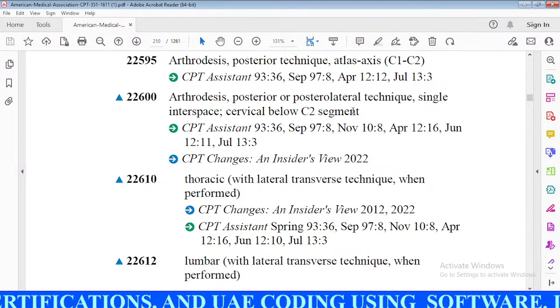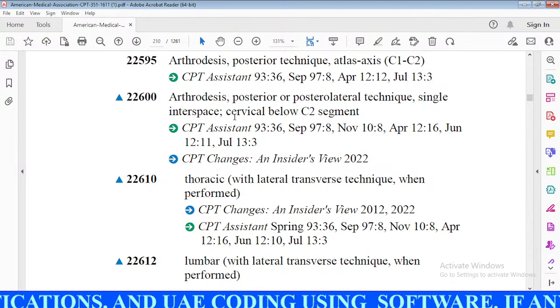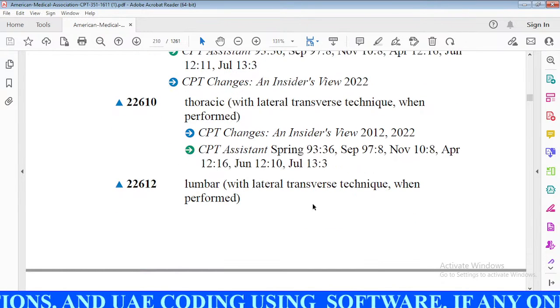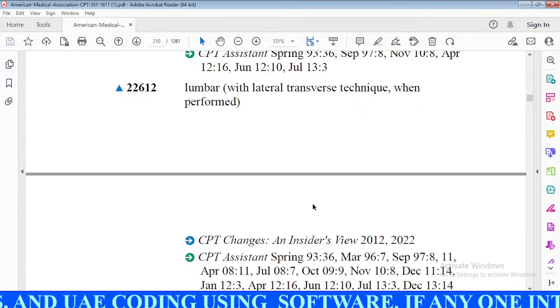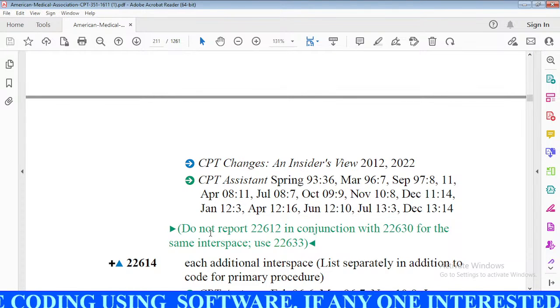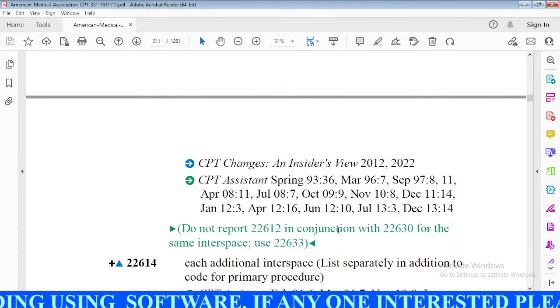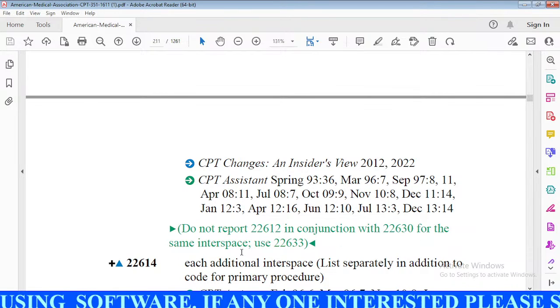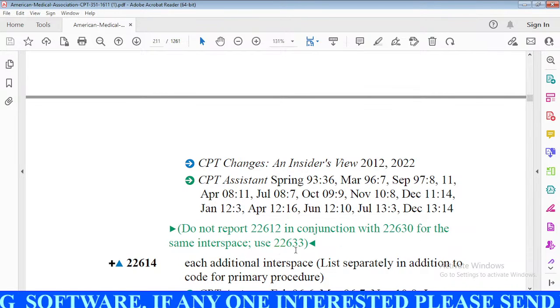Arthrodesis, posterior or posterolateral technique, single interspace, cervical below C2. So it is for a single interspace. See here, do not report 22612 in conjunction with 22630 for the same interspace. Use 22633.